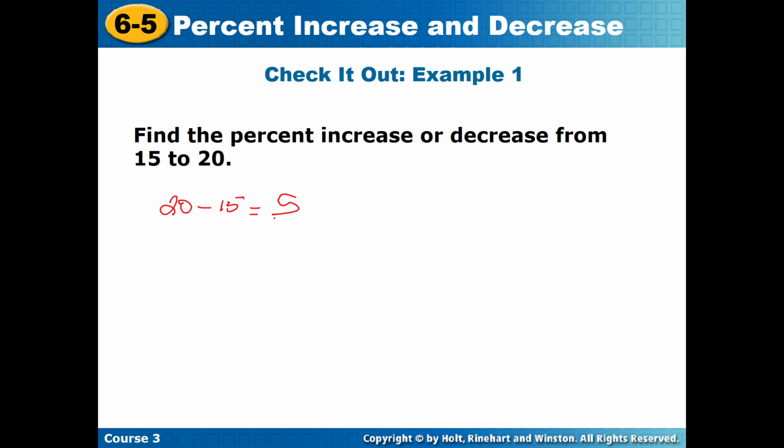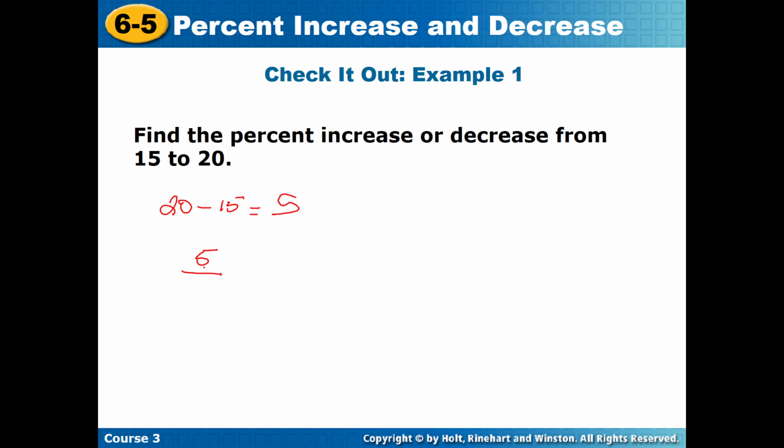So now we have the percent of change ratio, which is amount of change, 5, divided by the original amount. So out of the 15 or 20, which one is the original one? Correct, the 15, because it says we're finding a percent of increase or decrease from 15 to 20. So the 15 is our first number.